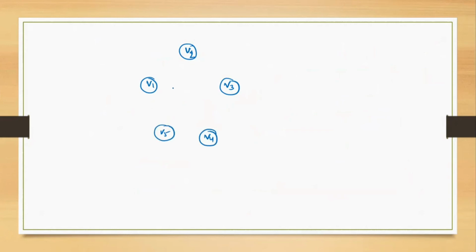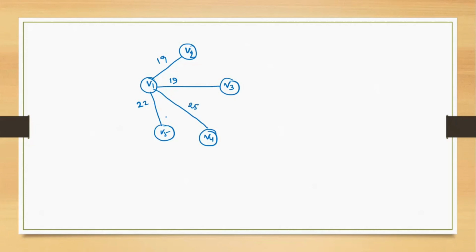And these are the associations: V1 to V2 with a cost of 19 units, V1 to V5 with a cost of 22 units, V1 to V3 with a cost of 19 units again, and V1 to V4 with a cost of 25 units.